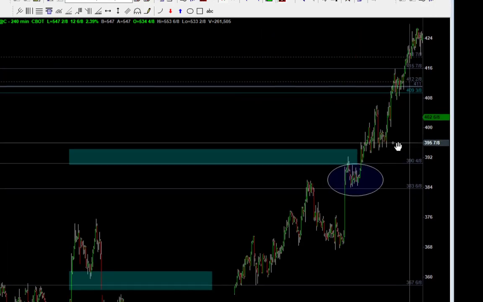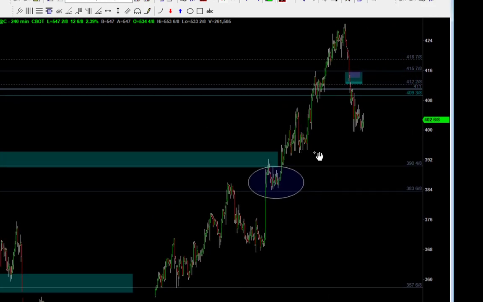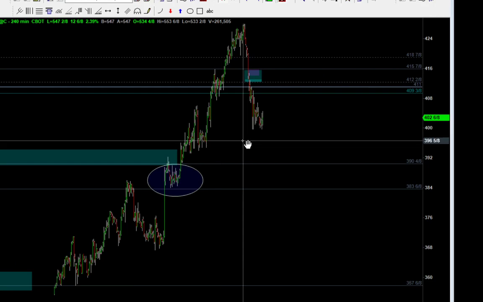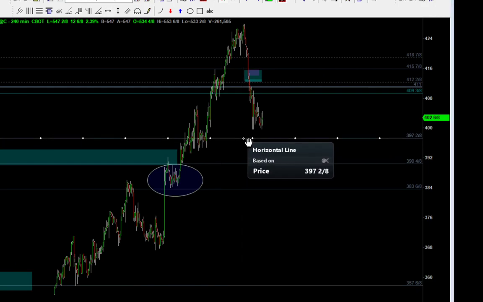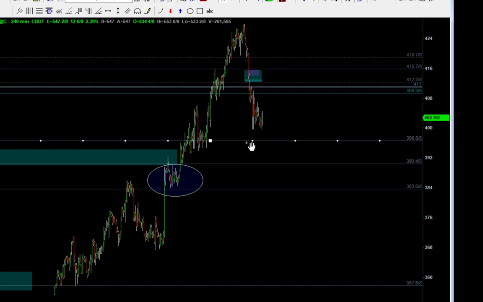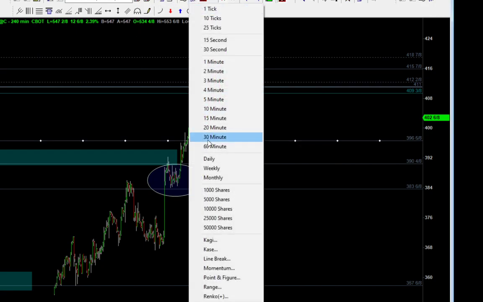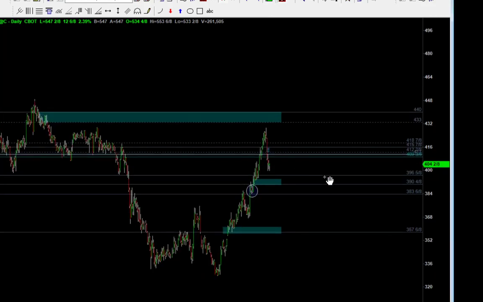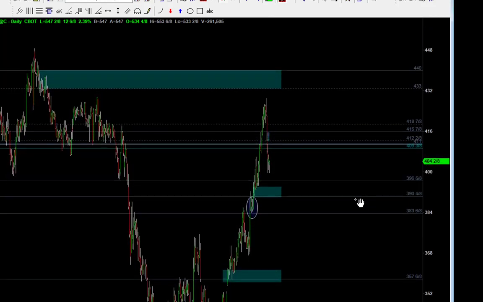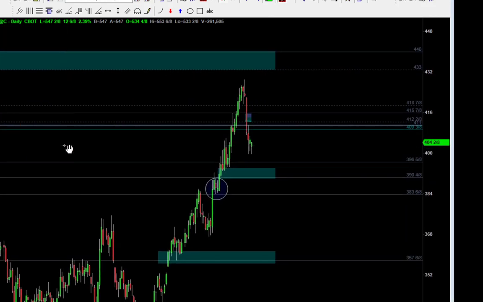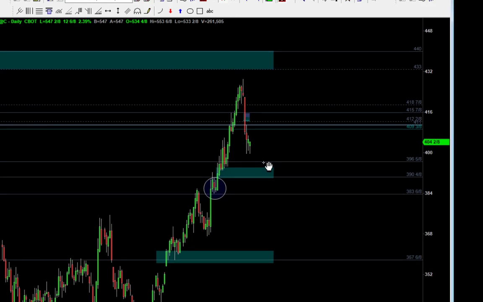Oh, did I make blue there? I think the issues start here. I don't know. I kind of highlighted that already.